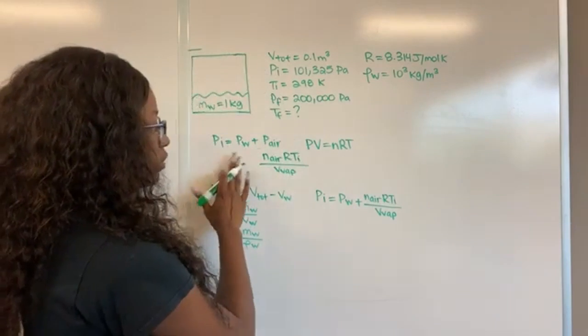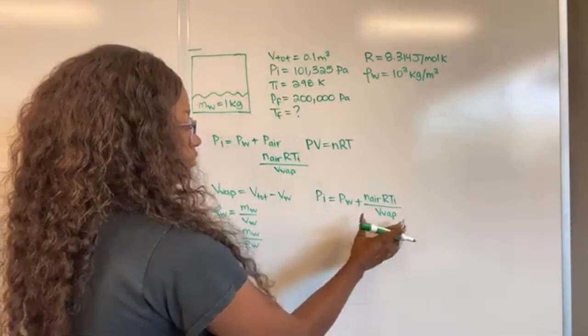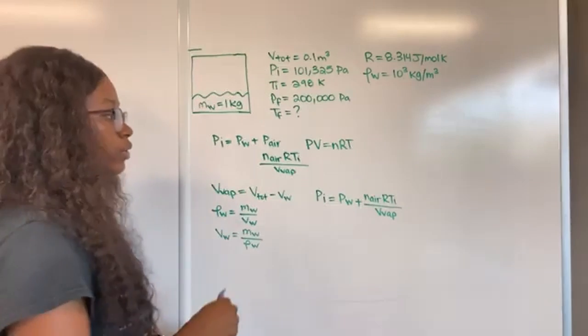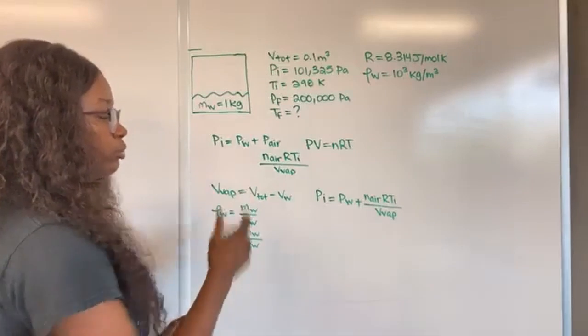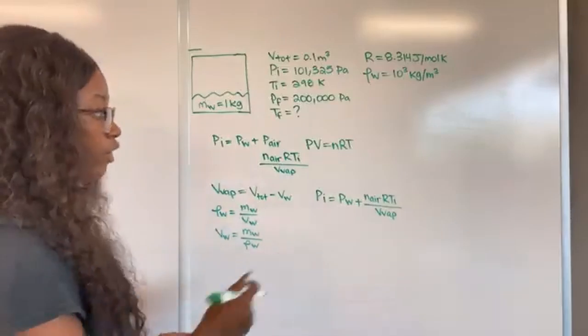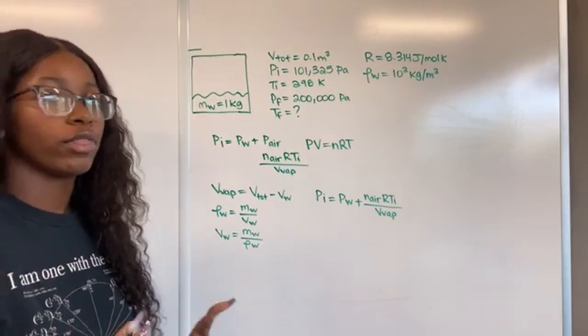So I just rewrote this equation and substituted the initial gas law that we set equal for the partial pressure of air, and simply inputted where our partial pressure of air variable was. And now I'm going to rearrange it for the moles of air.